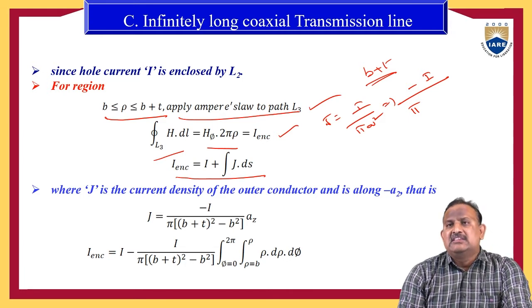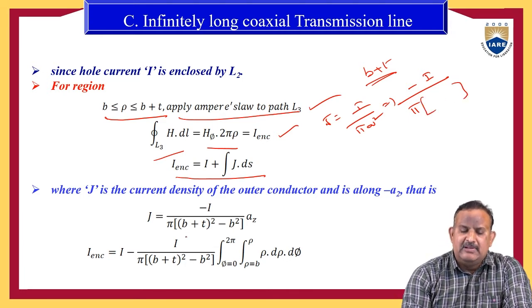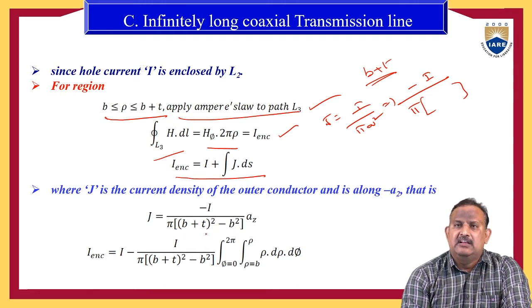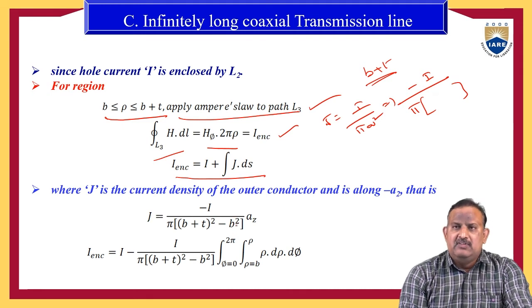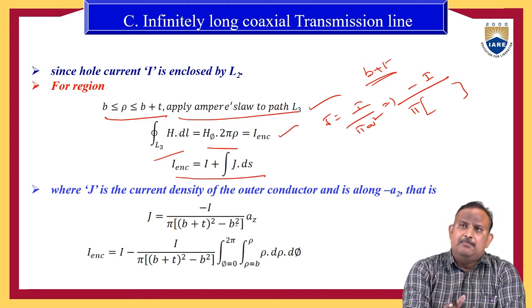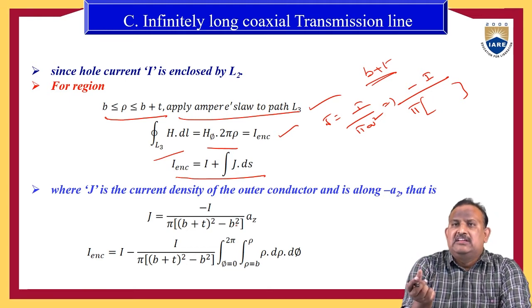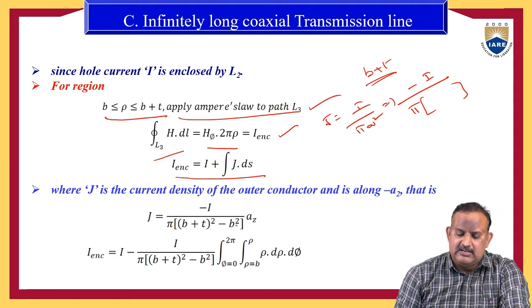So here we need to consider the outer radius as B plus T. B plus T is the outer radius of the second conductor, and B is the inner radius of the second conductor. Between those we are applying Ampere's circuit law to the third loop, therefore we need to consider the thickness and actual radius of the second conductor.